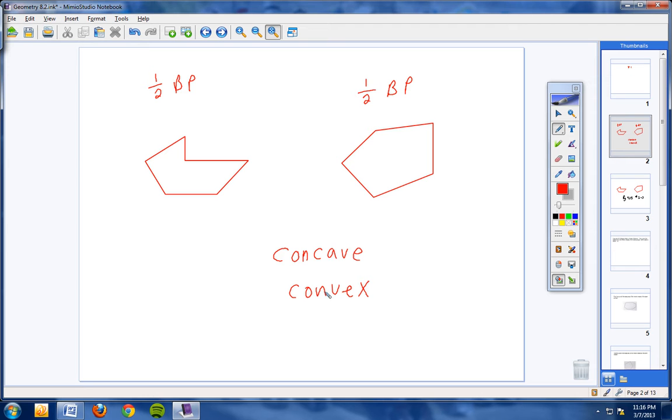So I'm going to give you about 30 seconds. Should not take you long at all. So do not pause the video. I'm just going to let this run. And in about 30 seconds, I will go and put the answers up here. One of these is concave, and one of these is convex. Please label each one correctly.